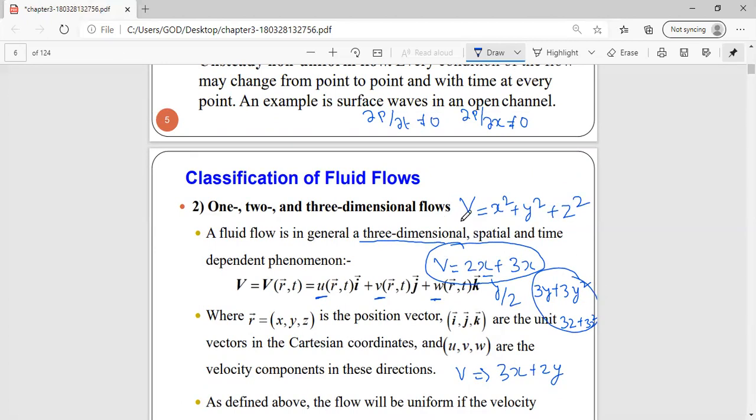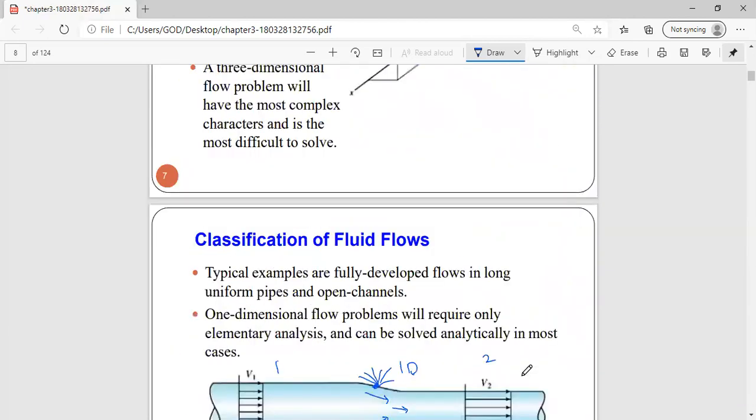If your equation contains velocity along x, along y, along z, then we call it three-dimensional flow. If your velocity has u, v, then we call it two-dimensional flow. Not exactly u, v, it may be v, w, or it may be u, w. Any two directional velocities involved in your mathematical modeling, then we call it a two-dimensional flow.